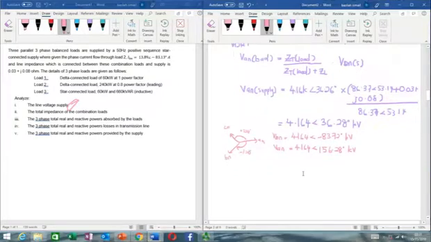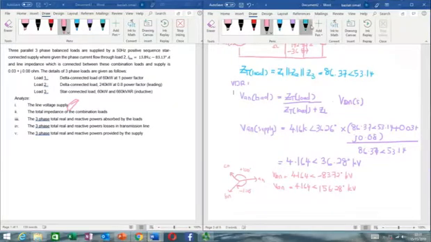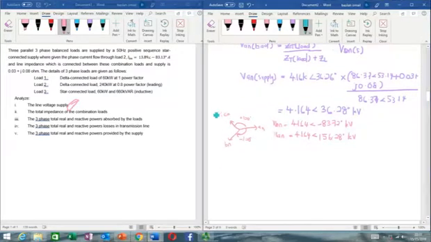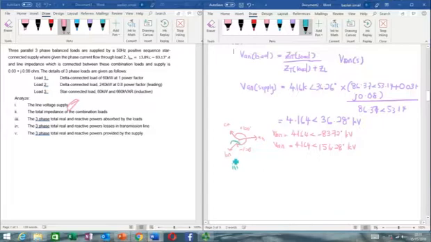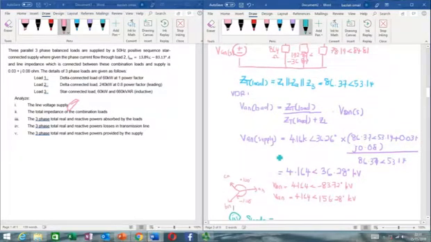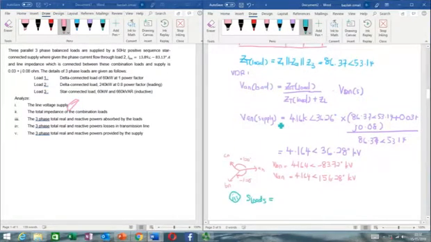Alright, so for question 3, as for the total load, we can use VAN, the phase value.